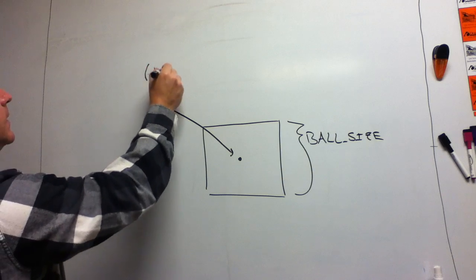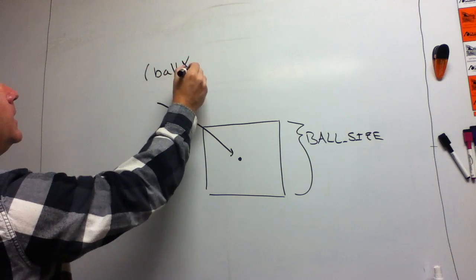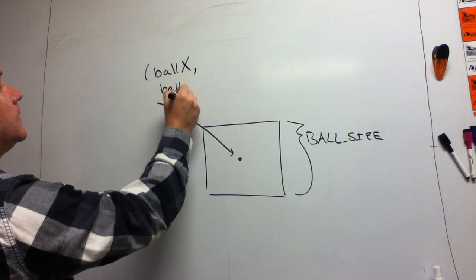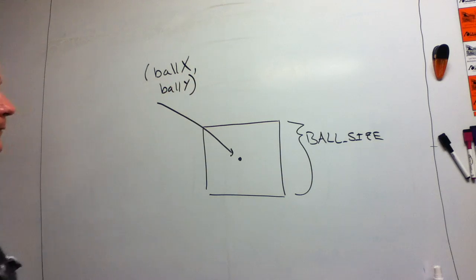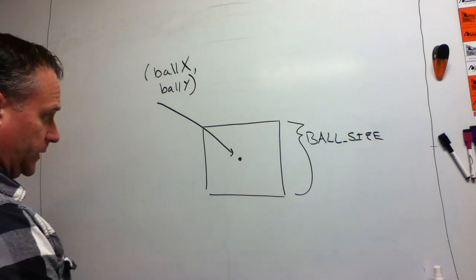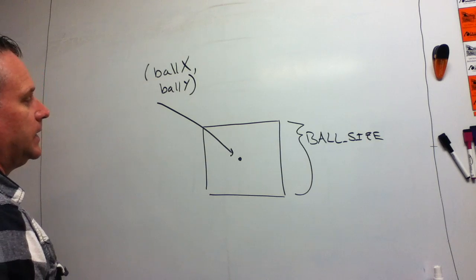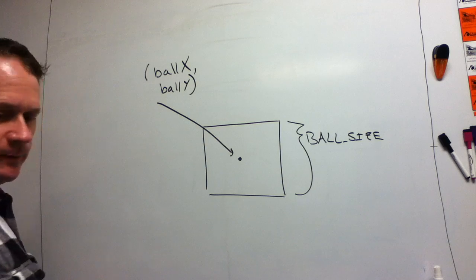So that will be ball X and ball Y. And then finally we need to know how fast the ball is moving. Every time the display window refreshes, the ball will move a little bit, and that will make it appear to glide smoothly around the screen. So we're going to need to have two variables that represent the speed in the X and the Y direction.